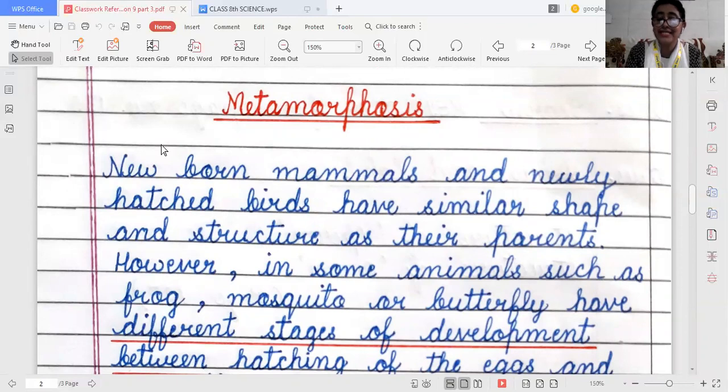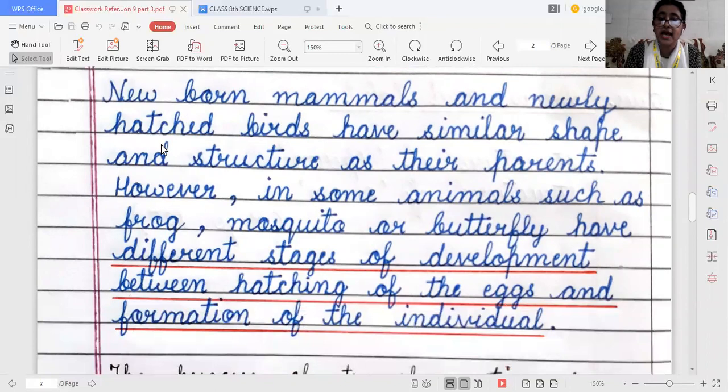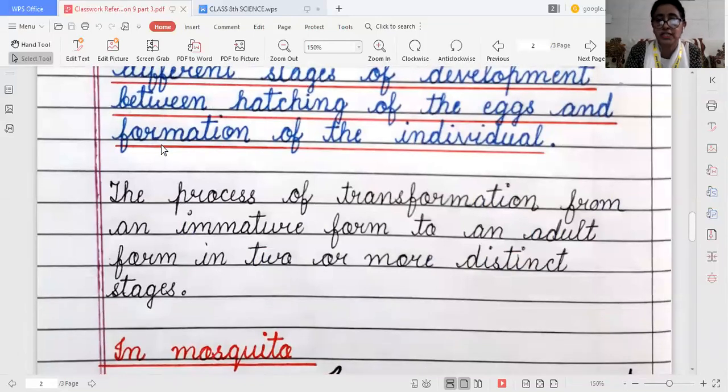They have different stages of development between the hatching of the eggs and the formation of the adult, that is, the transformation from the egg to an adult stage. This development through different stages is known as metamorphosis.